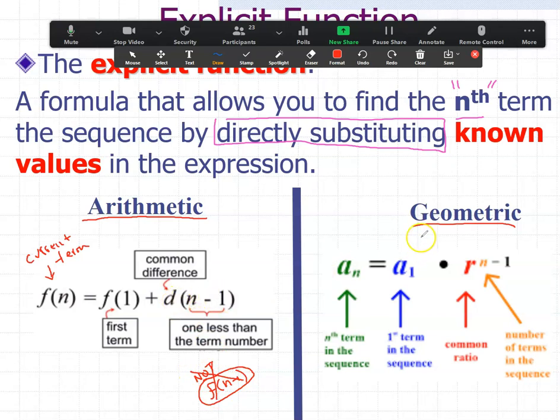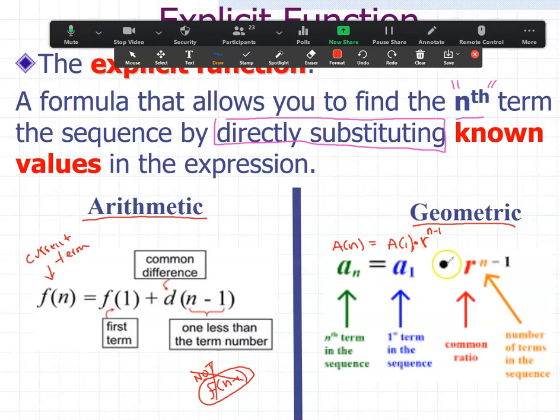So it's n minus 1. Geometric, sometimes you're going to see it like this with a little n here, a little subscript, or you could see it like this: A parentheses n, or a sub n, a sub 1 times r to the power of n minus 1.